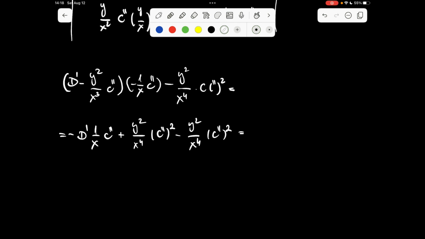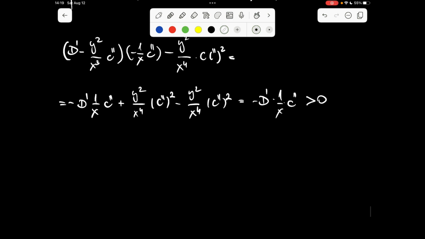And as a last step, we receive this expression, which must be positive because cost function C is strictly convex, so it is positive.